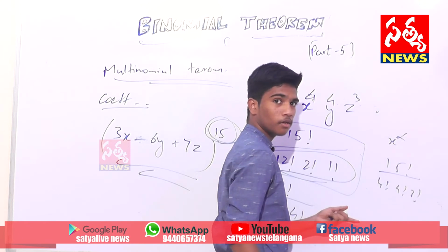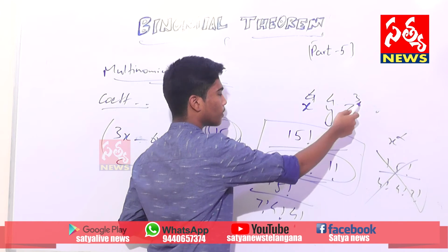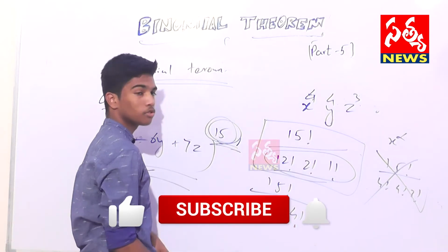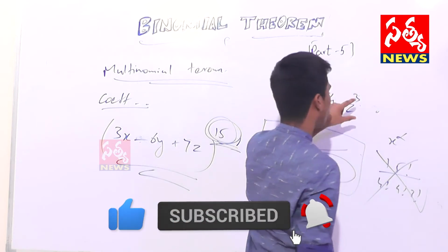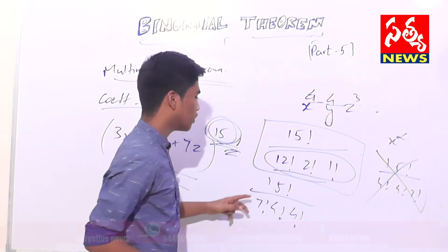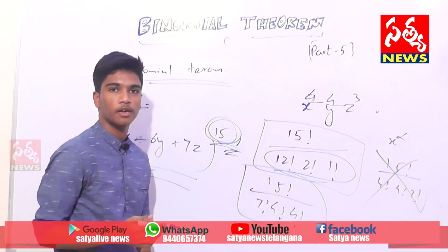Is it right? No, this is wrong. The sum of 4 plus 4 plus 3 is not equal to n. So be careful. Only when the sum of powers is equal to n will we write the formula n factorial by alpha factorial into beta factorial into gamma factorial.